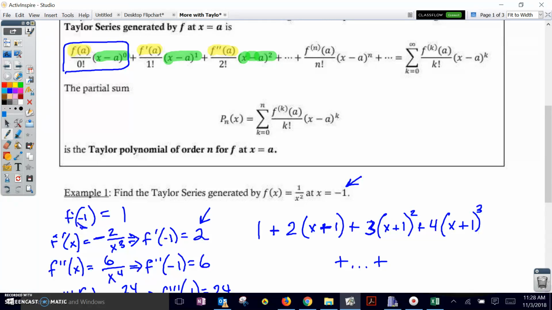If we think about this as our 0th term, then for the nth term, the constant is going to be n plus 1, and the variable portion is going to be x plus 1 to the n power. And there's a Taylor series for f of x equals 1 over x squared at x equals negative 1.